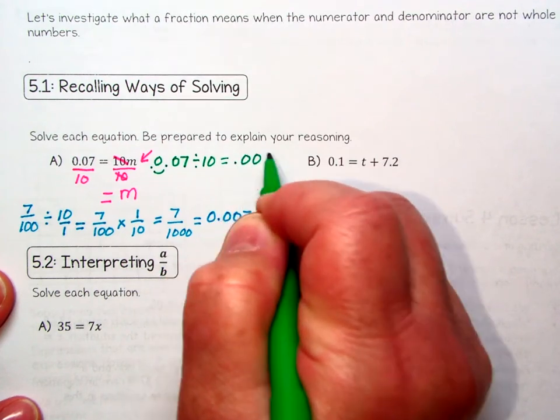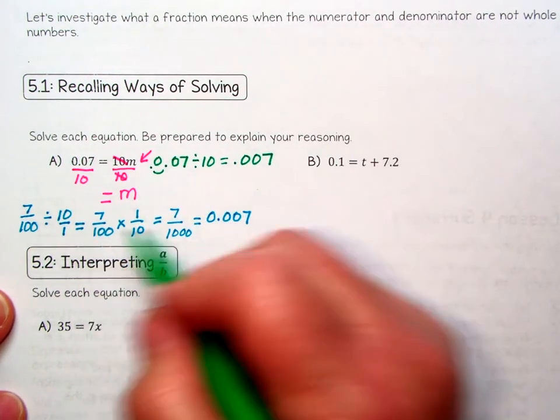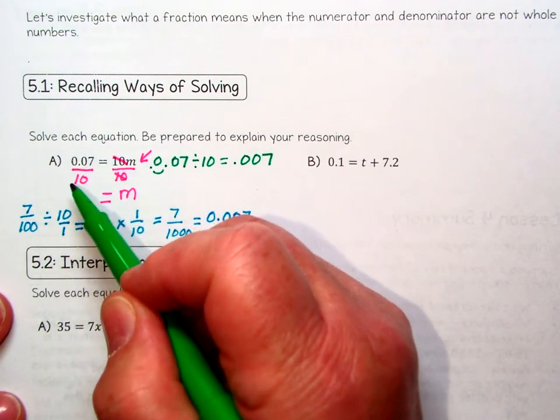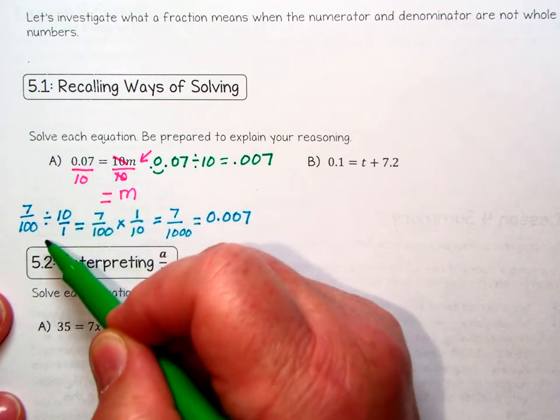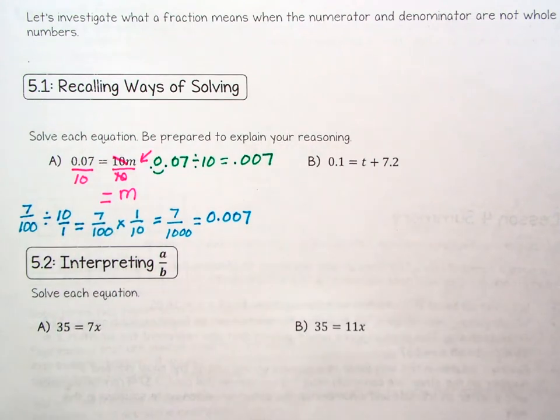So again, I get 7 thousandths or 0.007. So don't let a problem like this, which looks confusing, throw you. Think about it. This is just 7 hundredths divided by 10, and then you can think about the different ways you might evaluate it.